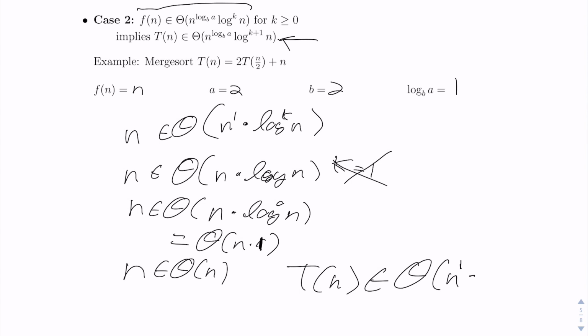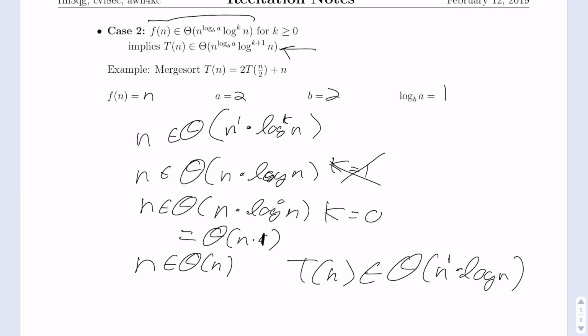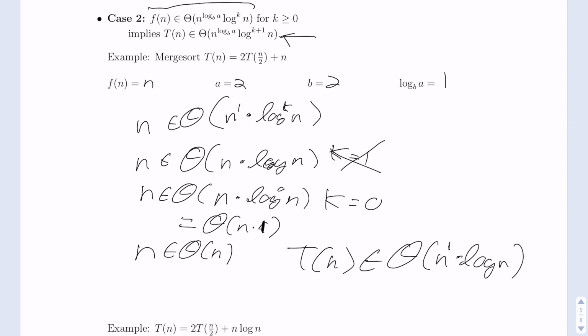So we chose our k equals 0 for this step. And so now k plus 1 is going to be 1, obviously. And then so we get log n, which is, as we know, the runtime of merge sort. See, checks out. The merge sort is theta of n log n, right? Everybody clear on that? Any questions?